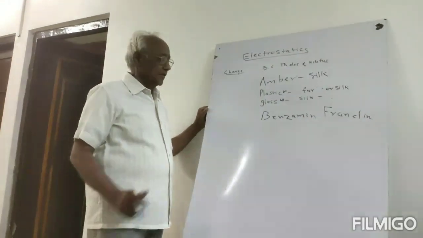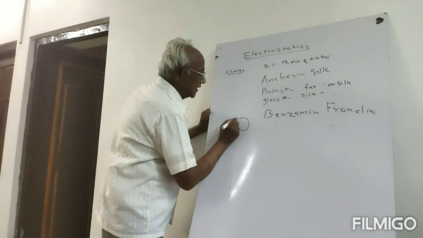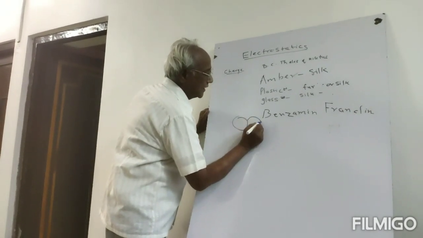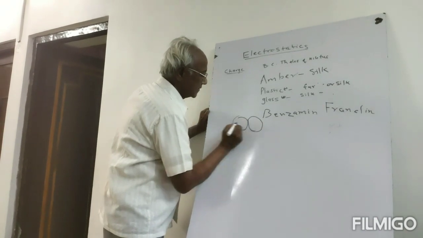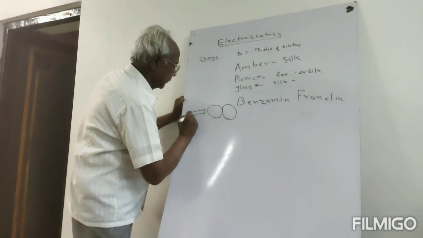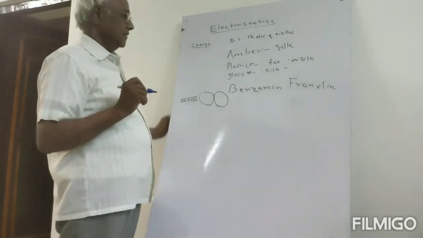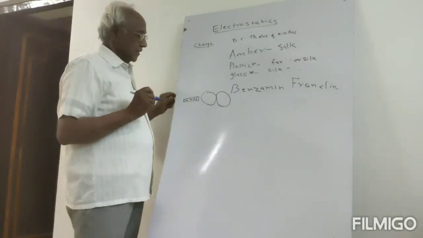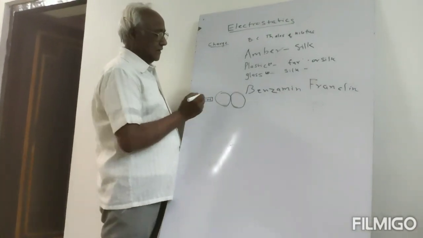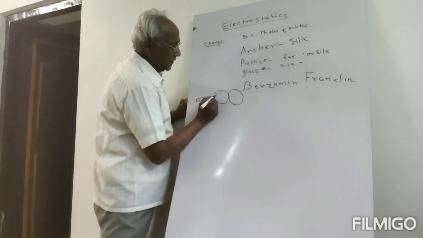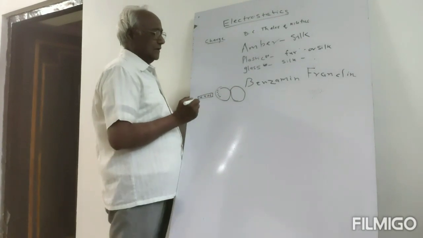Contact. Now if we take the two spheres which are in contact with each other and we bring a positively charged glass rod near, then due to the positive charge, electrons will be attracted towards it.